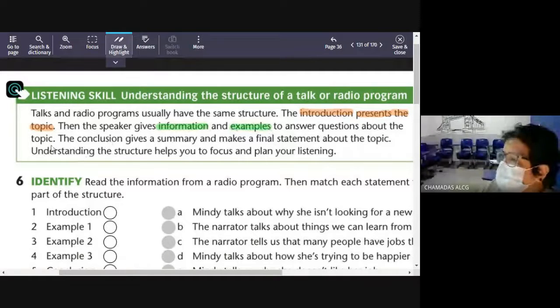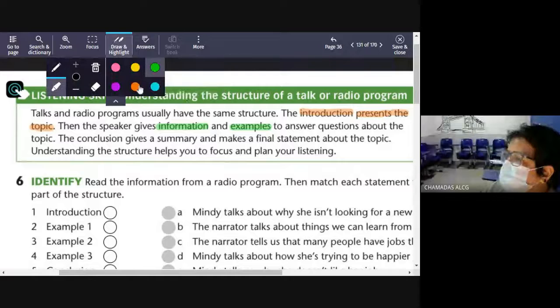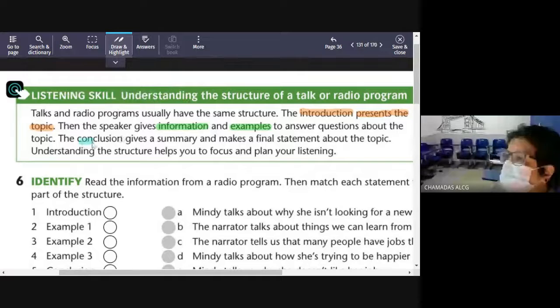The third step, conclusion, okay? So we have introduction, development, and conclusion, okay? In the conclusion, let's see here in blue, we have a summary and a final statement, okay? Here we have the three parts of a presentation. It can be any presentation, all right?